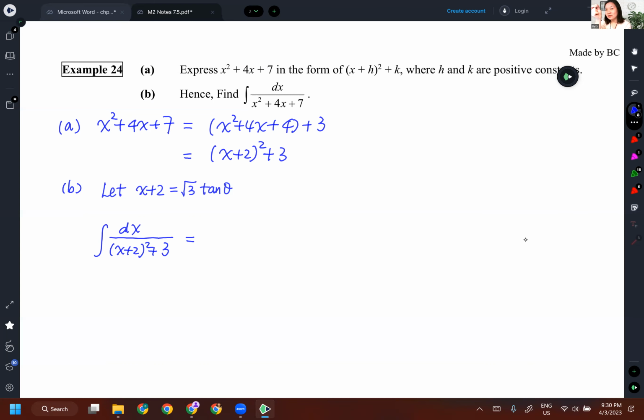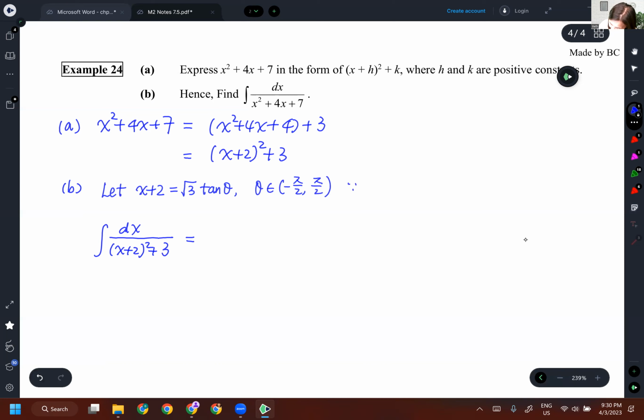So this squared thing must be root 3 tangent theta. And theta belongs to negative 90 to 90 degrees. This is optional. Now, because x equals root 3 tangent theta minus 2, therefore dx equals root 3 secant squared theta d theta.